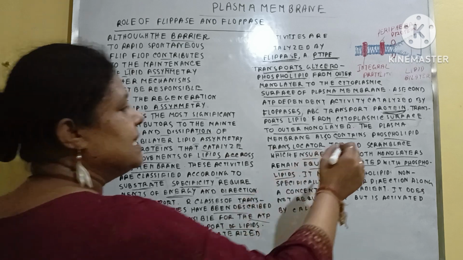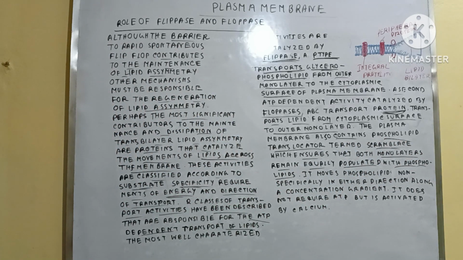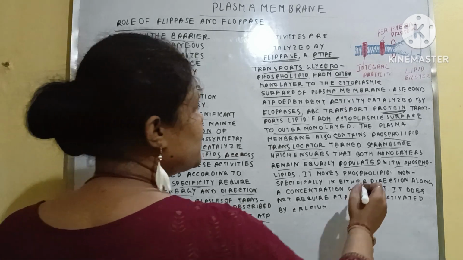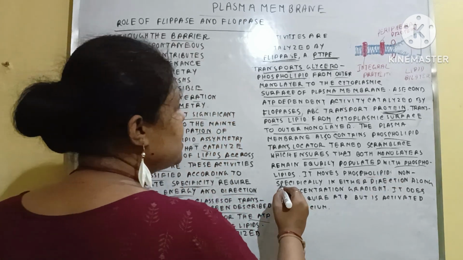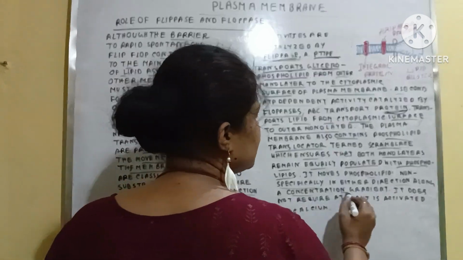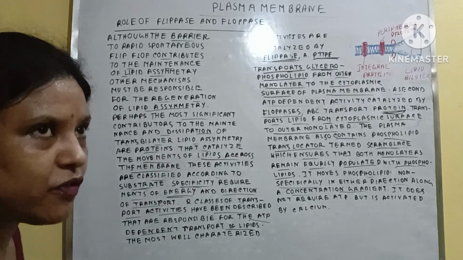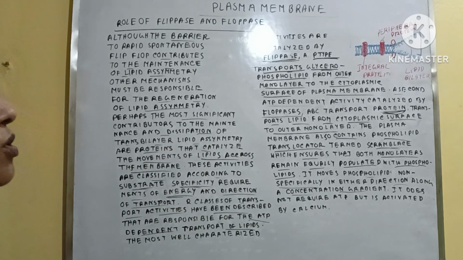So it maintains the balance of phospholipids in the two monolayers. It moves phospholipids non-specifically in either direction along a concentration gradient, maintaining the concentration of phospholipids between the two monolayers.